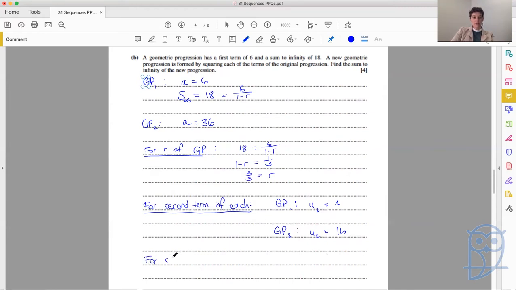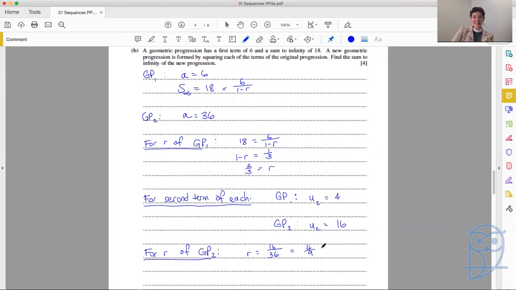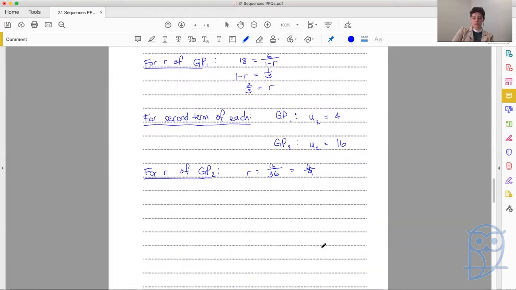So for r of GP2, r equals, in this case it will be U2 over U1, so 16 over 36, which gives us 4 over 9. So now we've got for our second GP our a and we've got our r, so we can calculate that sum to infinity of the new progression.